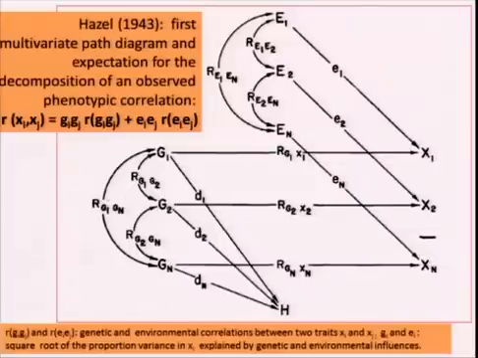And you see the well-known decomposition here of a phenotypic correlation into a bit that is due to a genetic correlation between traits, an environmental correlation between traits, and then the importance of the environmental and genetic correlation is weighted by the square root of the heritabilities of those traits. This paper went largely unnoticed.